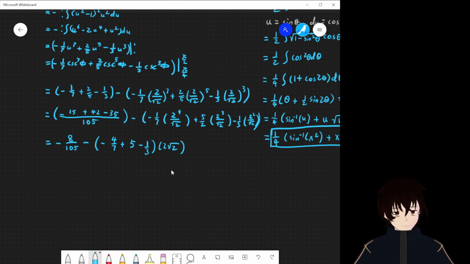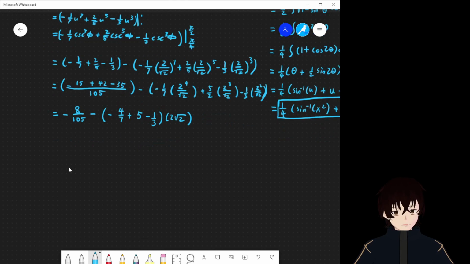Root 2. Minus 20. We're going to have to, oh no, multiply by 15. Let's do this the long way.